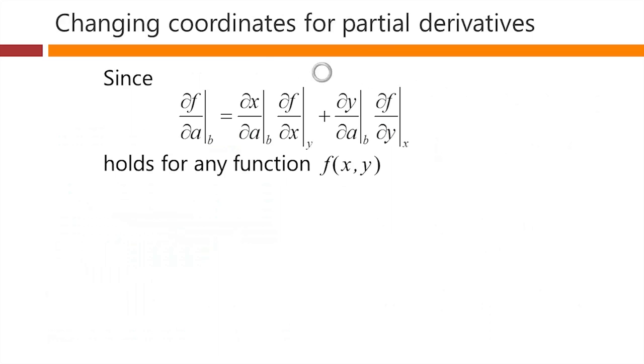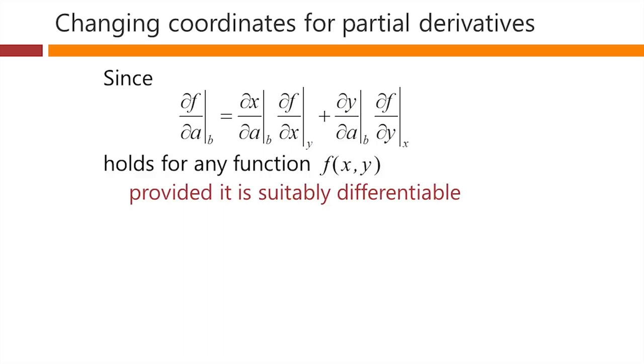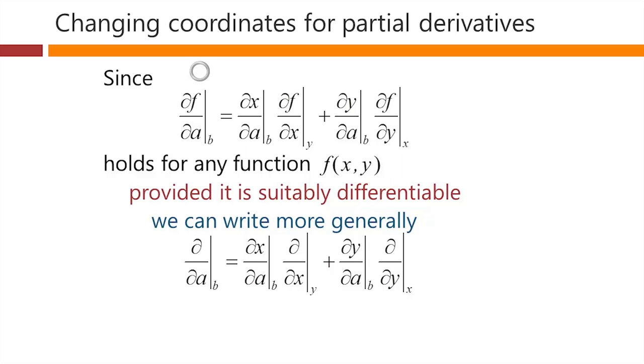Since this expression holds for some arbitrary function here, we didn't specify what it was other than that it has appropriate derivatives. Since this is true for any function f, we can write more generally partial d by dA at constant b is equal to partial dx by dA at constant b times partial d by dx at constant y plus partial dy by dA at constant b times partial d by dy at constant x, where we understand this is operating on any function.